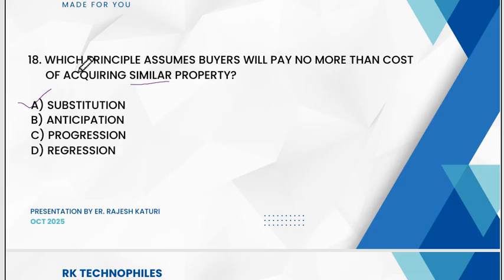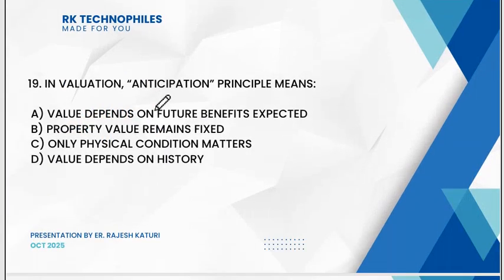And progression means low value property rises due to surrounding high value properties. Regression, high value property falls due to low value surroundings. So the answer will be A, substitution.